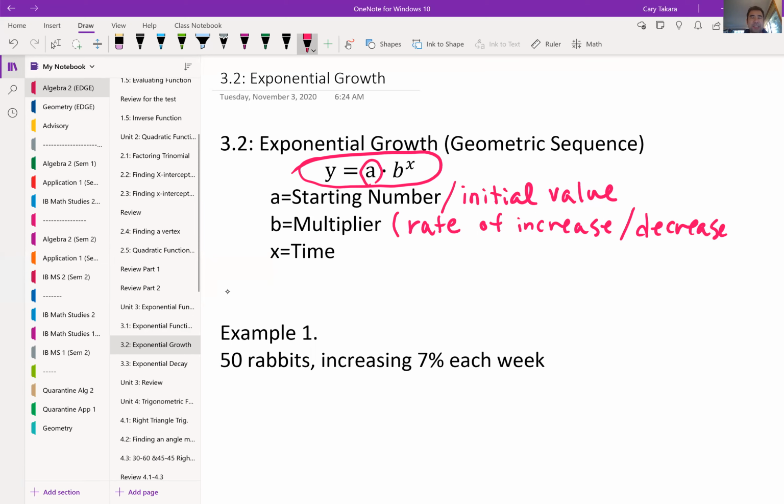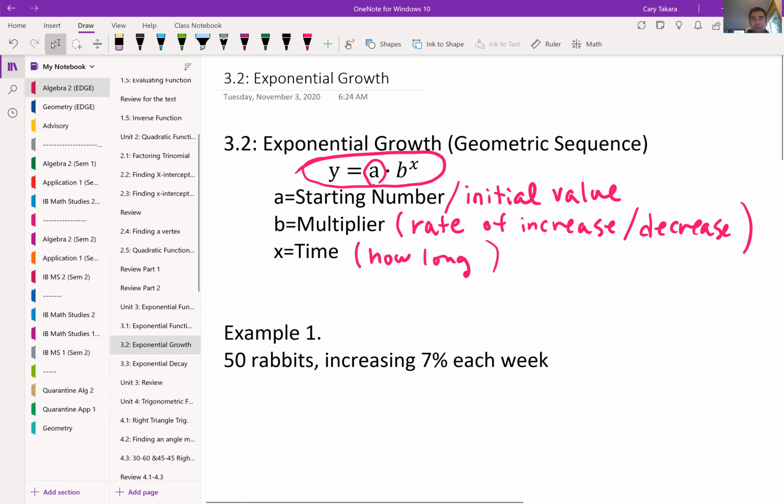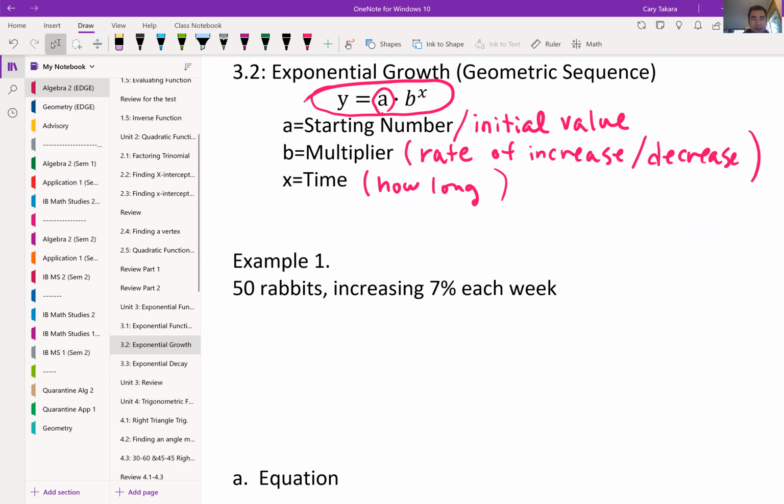We will talk about the decreasing exponential function, which we call exponential decay, tomorrow, okay? But we're talking about exponential growth, and x is the time, how long, or how many times. So let's figure this out.